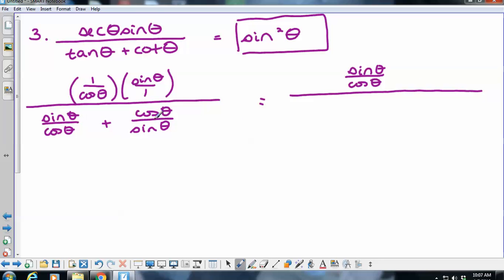The bottom, what's my common denominator going to be? Cosine theta, sine theta. We have the top, the big one, and the denominator. We have lots and lots of fractions here. We're going to try to get rid of some.